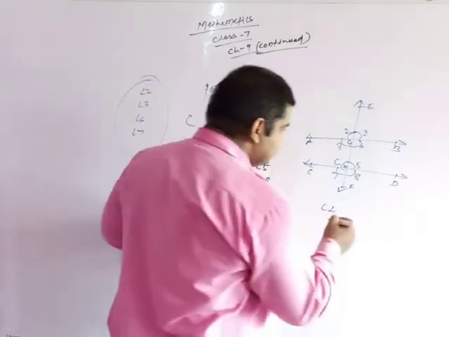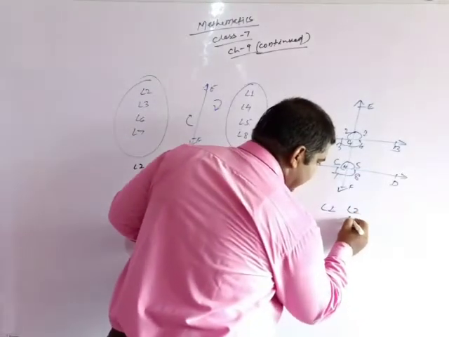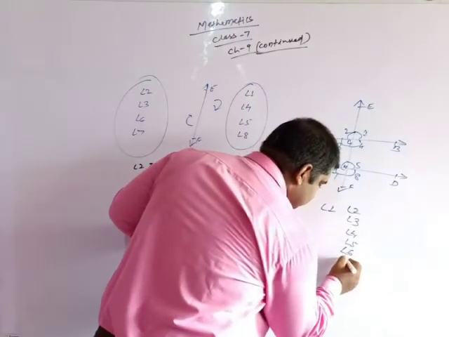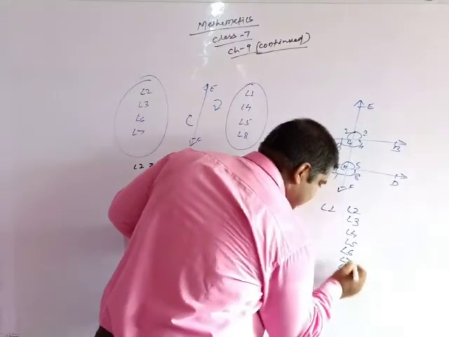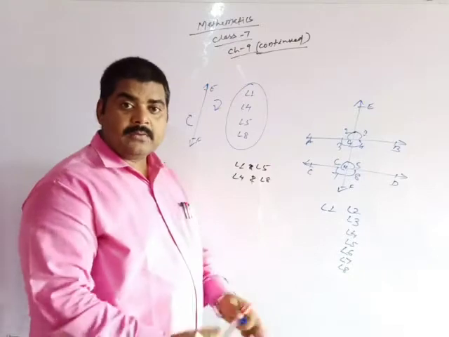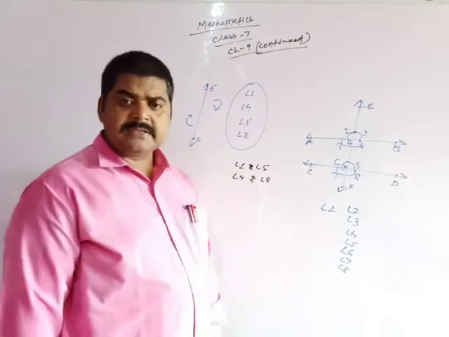You have 7 options: angle 2, angle 3, angle 4, angle 5, angle 6, angle 7 and angle 8. One by one I will check which pair is possible.